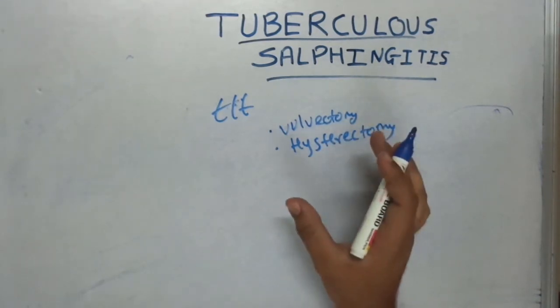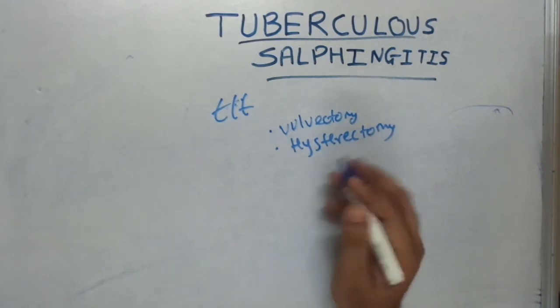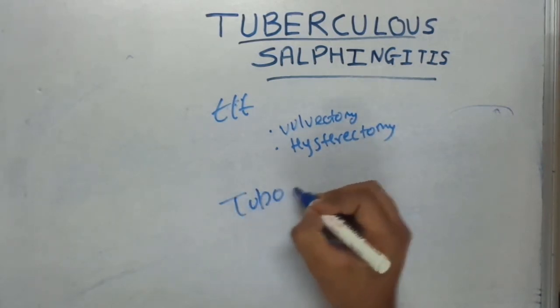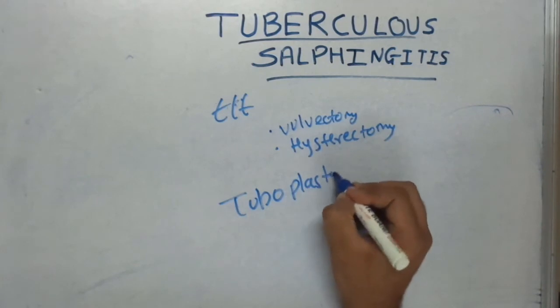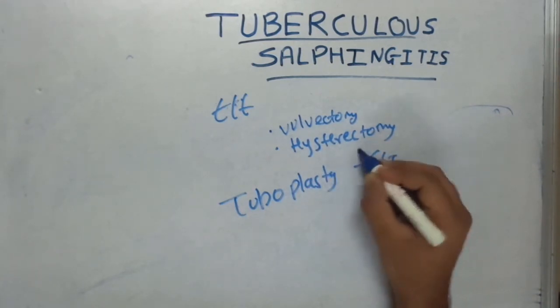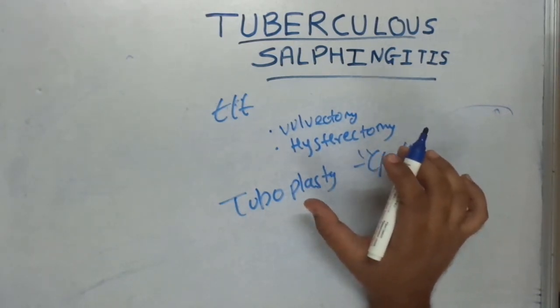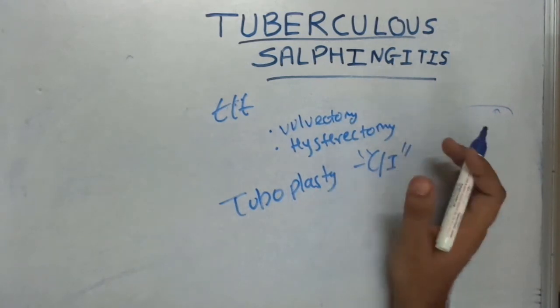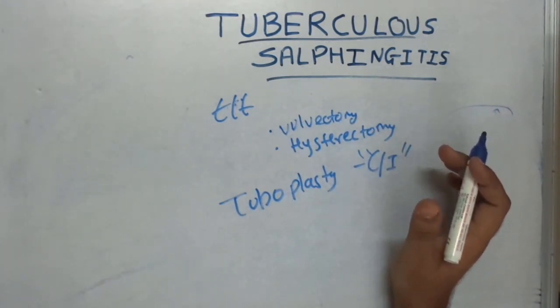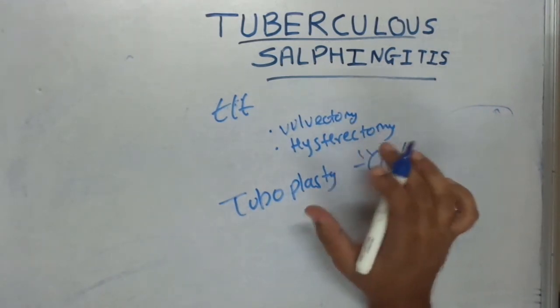One thing to be noted is that tuboplasty is contraindicated when the disease is due to direct spread, as it can reactivate the disease.